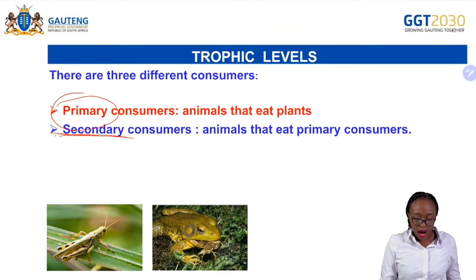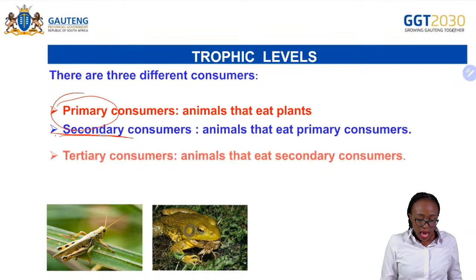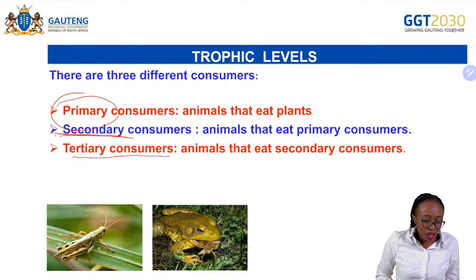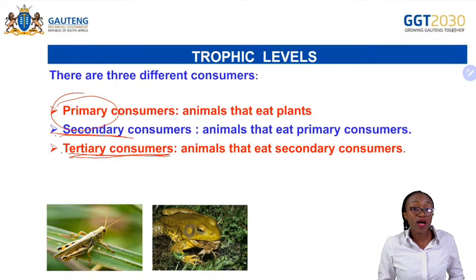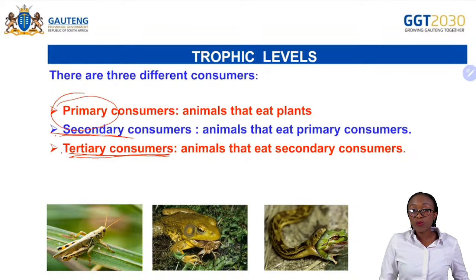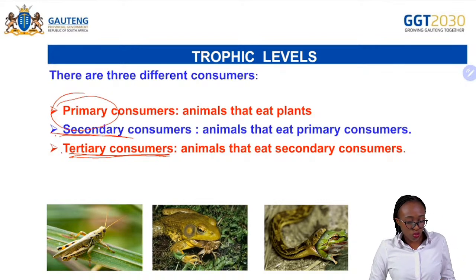Then we have what are called tertiary consumers. Tertiary consumers are the animals that eat the secondary consumers, and in this particular case, the snake is the tertiary consumer.